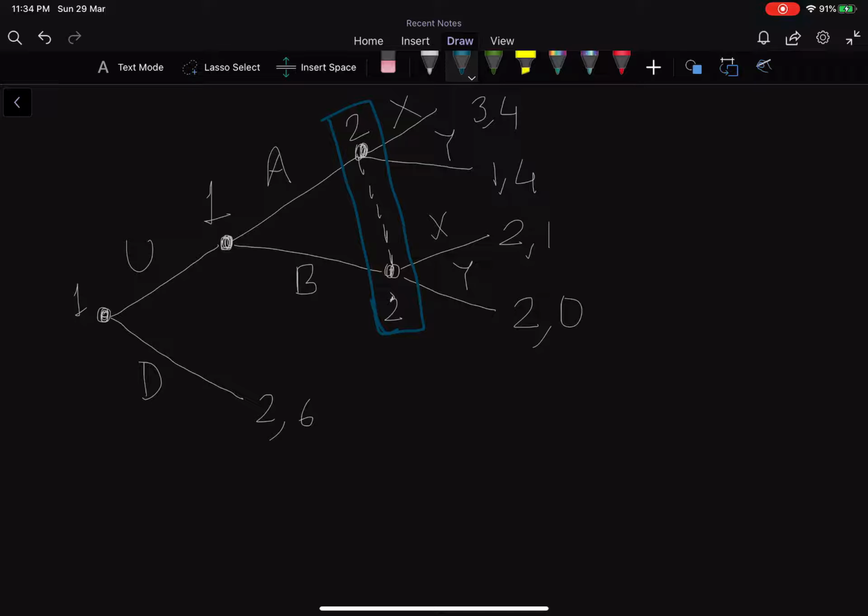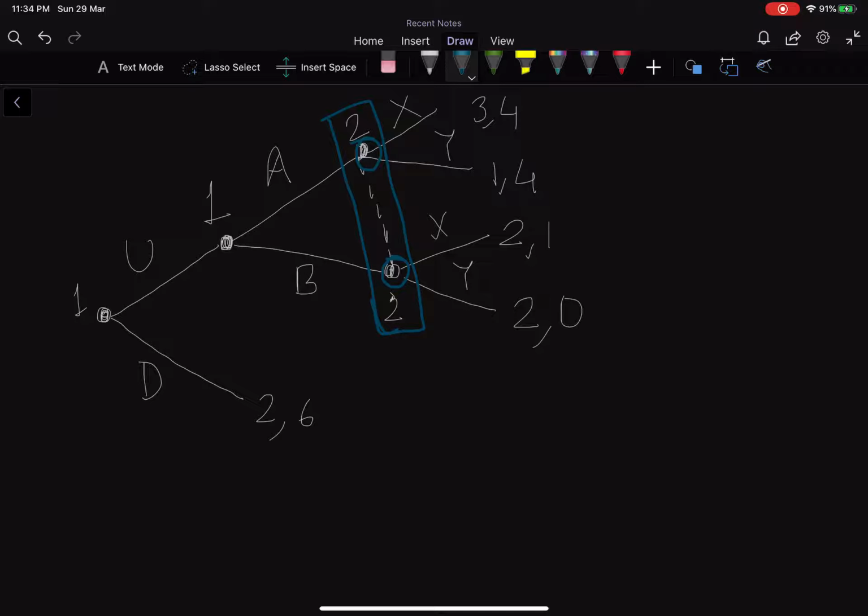Here, 2 doesn't know whether it is sitting on the top node or the bottom node. So whatever strategy choice 2 has to make, whether say X or Y, it has to think that it can be either on the top or the bottom, right? It cannot have one strategy choice for the top node and another strategy choice for the bottom node.